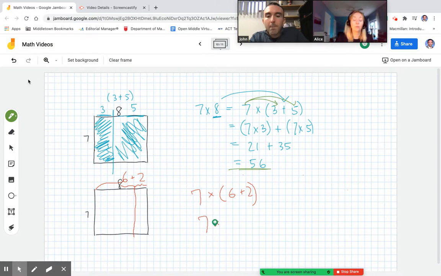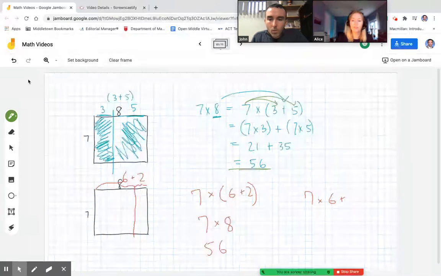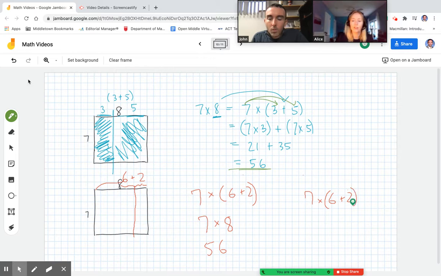And then I can handle what's in the parentheses first, which is going to give us 8, and 7 times 8 is going to give us 56. Or I could take advantage of the distributive property, and I could say, okay, I've got 7 times 6 plus 2. So that can be rewritten as 7 times 6 plus 7 times 2.